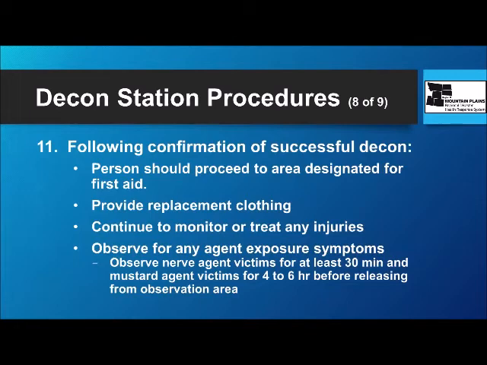Once decon has been confirmed, the patient proceeds to the evaluation area for any first aid that needs to be provided. They are redressed, monitored for any signs of ongoing clinical toxicity, treated for any injuries, and then need to be watched.